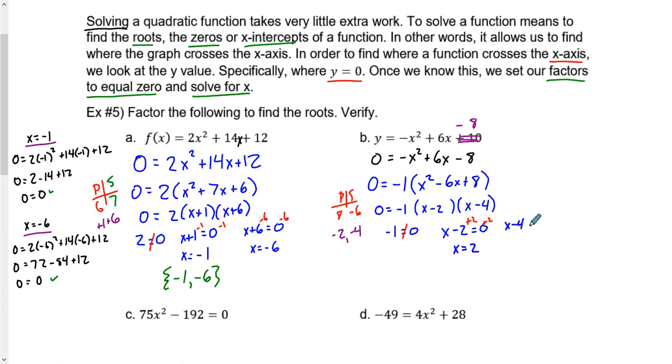X subtract 4 equals 0. By adding 4, X equals 4. And those will be our two answers. But we're going to verify. So our verification of X equals 2 and our verification of X equals 4.